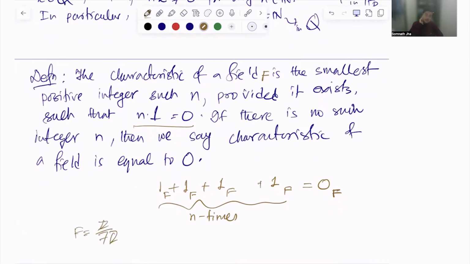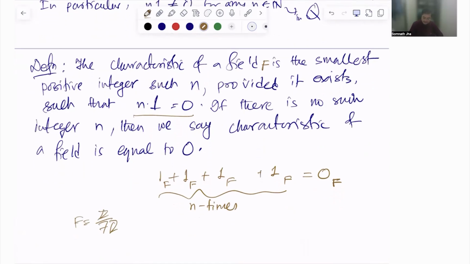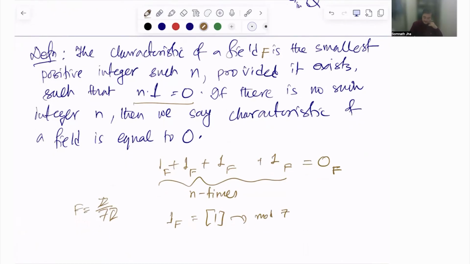That is a field because 7 is a prime number. What is 1_F? Here, 1_F is the equivalence class of 1, where two integers are related if and only if their difference is divisible by 7. If you add this 7 times, you get 7 times 1, which is the class of 7, which is the class of 0, the additive identity in Z mod 7Z.